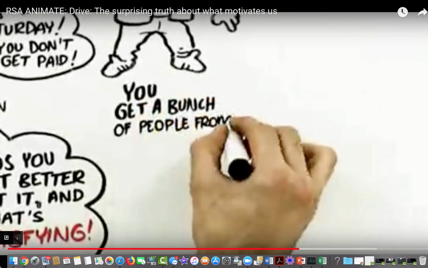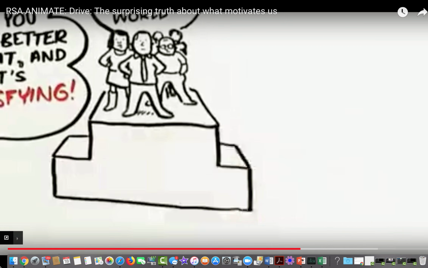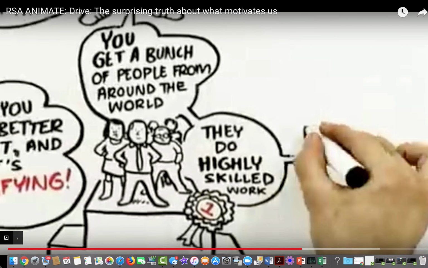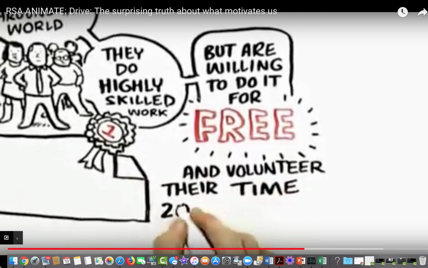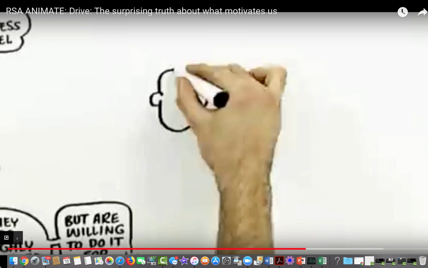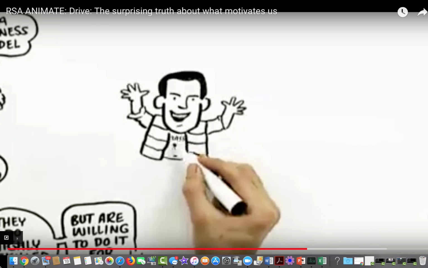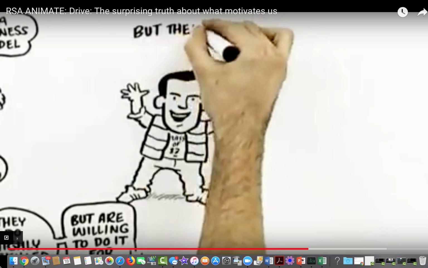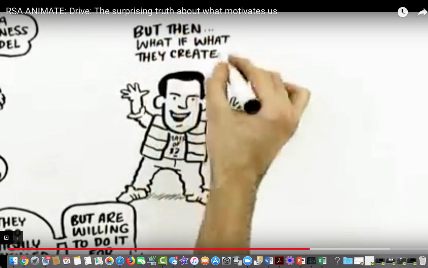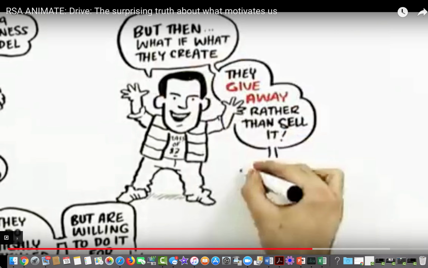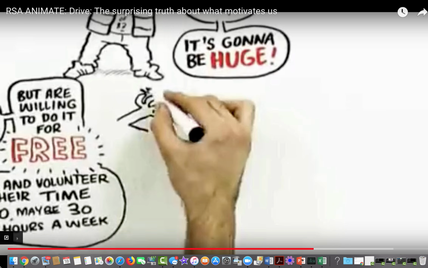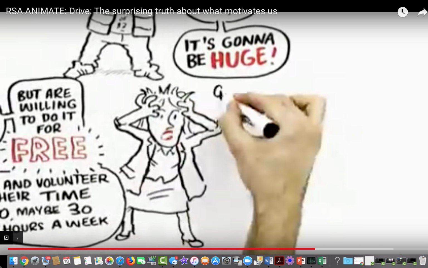You get a bunch of people around the world who are doing highly skilled work, but they're willing to do it for free and volunteer their time, 20, sometimes 30 hours a week. Okay, she's looking at you somewhat skeptically there. Oh, but I'm not done. And then what they create, they give it away rather than sell it. It's going to be huge. I mean, she truly would have thought I was insane.